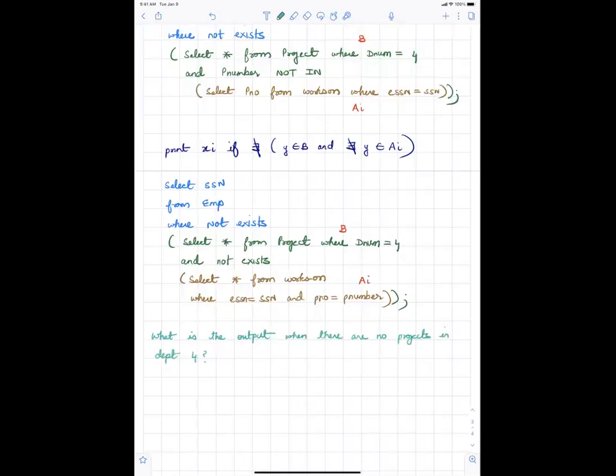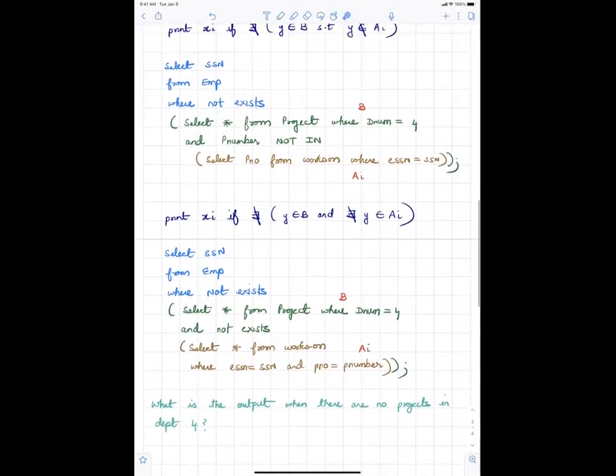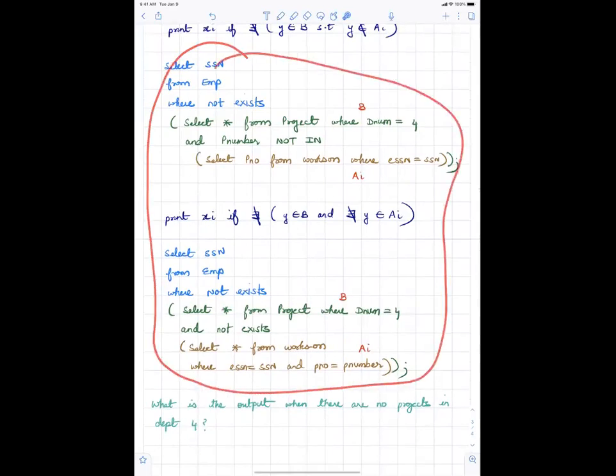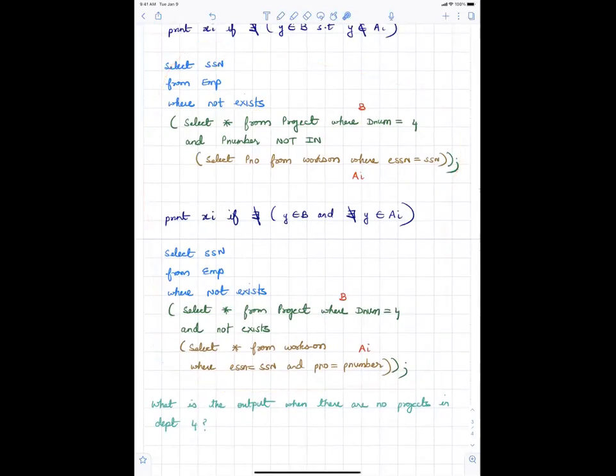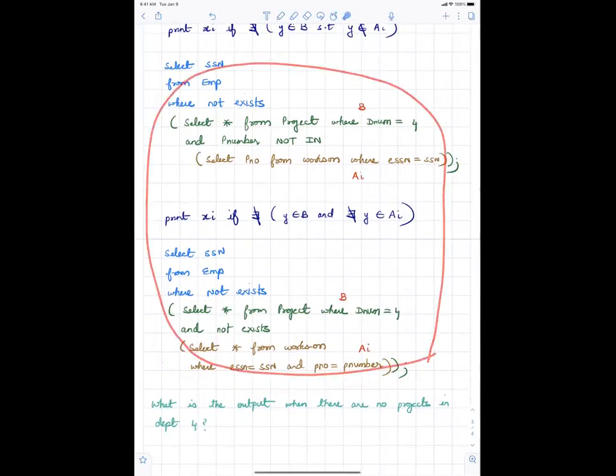Then try it out, and you'll see that the answer is not going to be correct for this boundary condition. These two queries will work correctly as long as there is at least one project in department 4. But if there are no projects in department 4, the output of these queries is going to be incorrect.